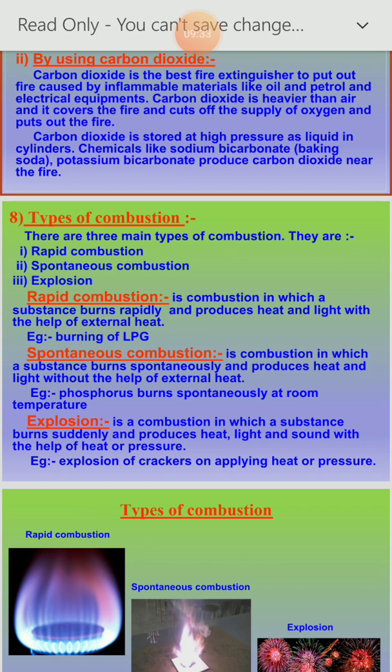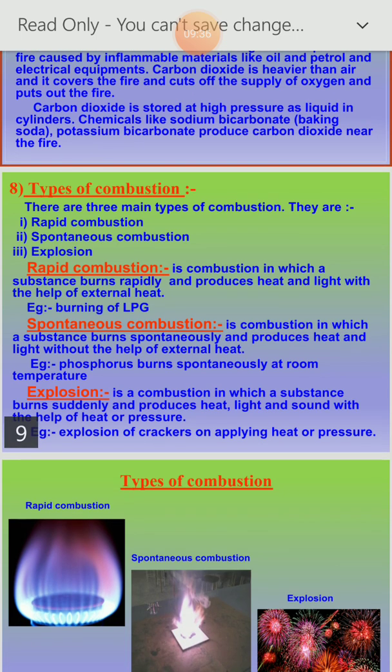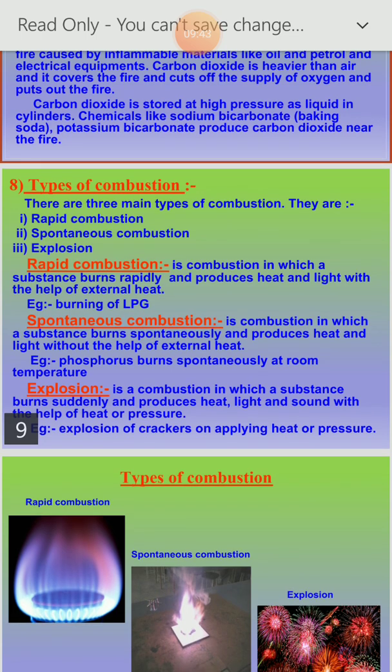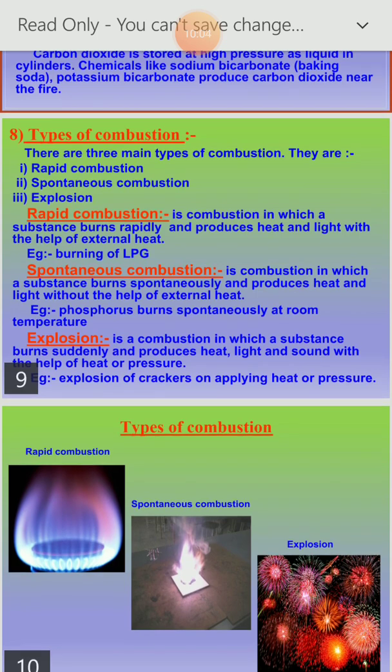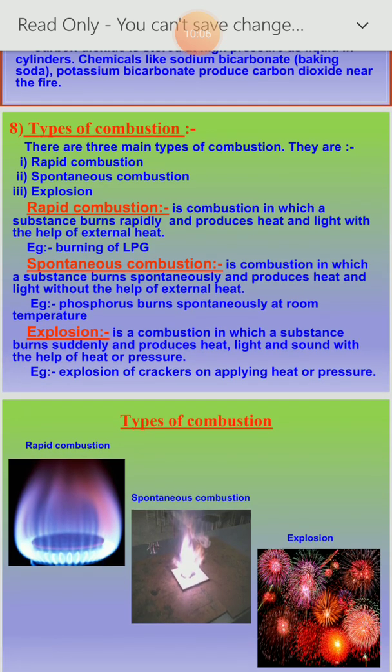It is a type of combustion in which a substance burns suddenly and produces heat, light, and sound with the help of heat or pressure. An example is the explosion of crackers on applying heat or pressure.